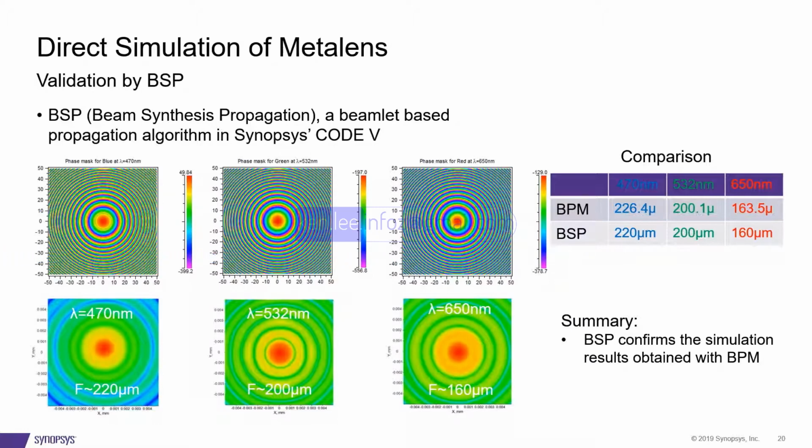Now, since BSP cannot deal with the nanostructure, the phase masks we generate for the three different wavelengths are used in the simulation. After this, we got the focal length as well as the field distribution at the focal point for each wavelength. If we were to compare them in a table side by side, we will see that BSP results are very close to the BPM results.